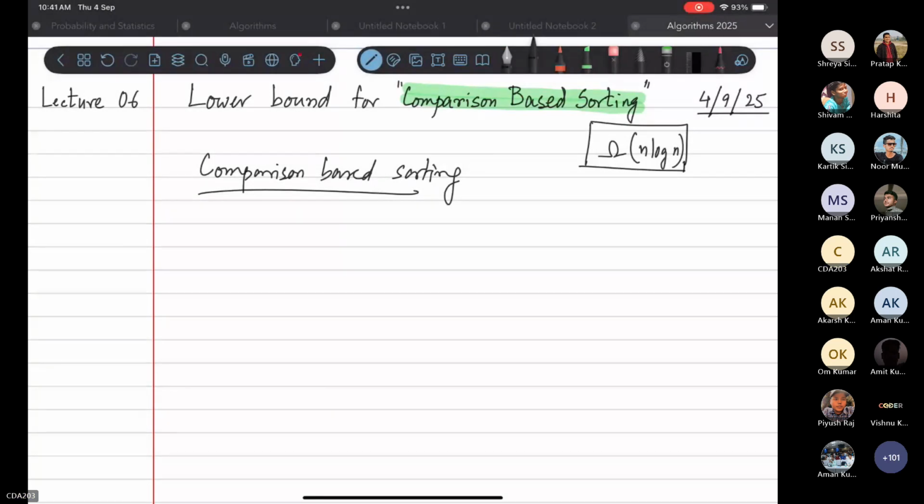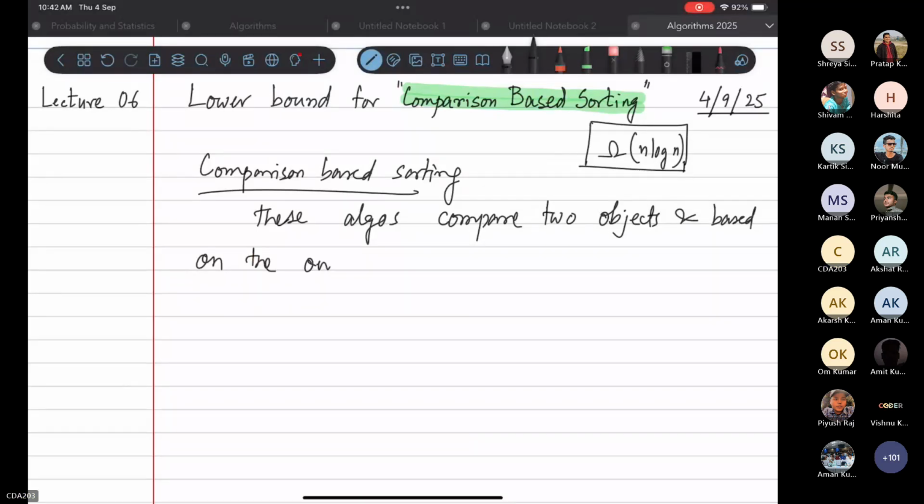These algos compare two objects, and based on the outcome of the comparison, the algo decides its next step.